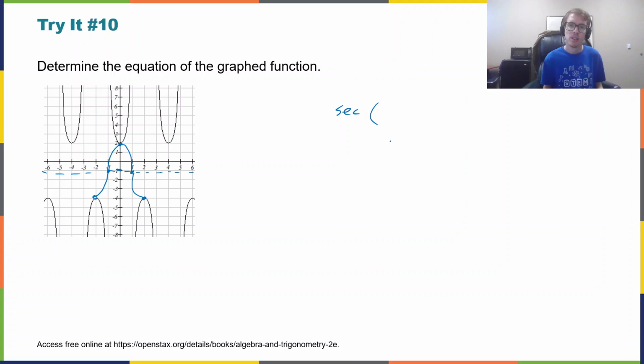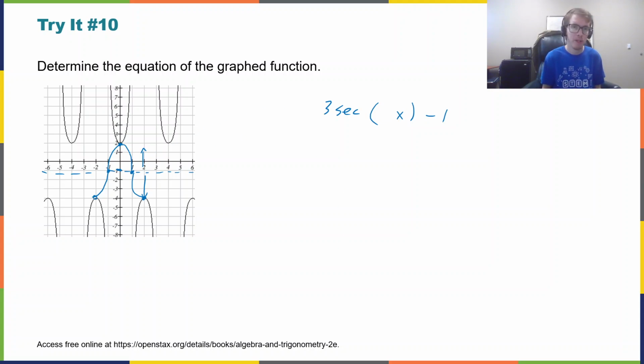So we need to figure out what the amplitude is of the corresponding cosine function. And it appears that the amplitude was a 3. So this would be 3 secant with no shifting, so something x, we'll have to find b in a second. And the midline was -1, so it's got a -1 at the end.